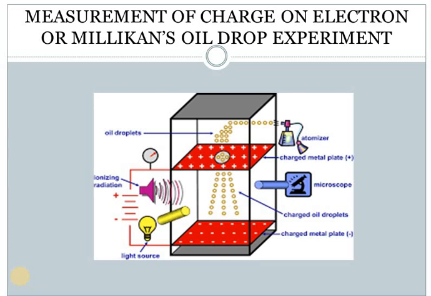Now with the help of the microscope, they saw that instead of the oil drops coming down, they suddenly turned on the electric field, and both the electrodes, the positive anode and the negative cathode, were turned on.